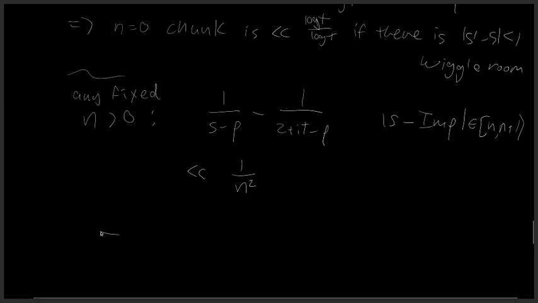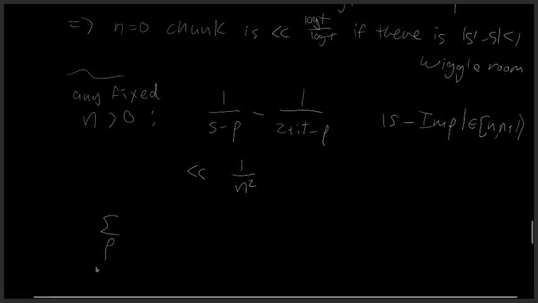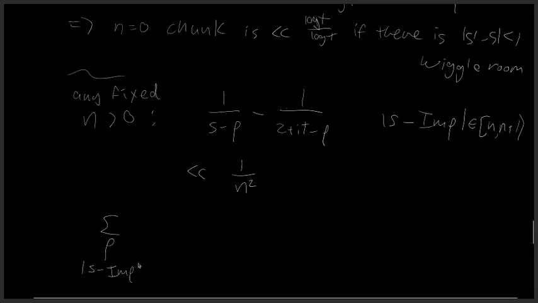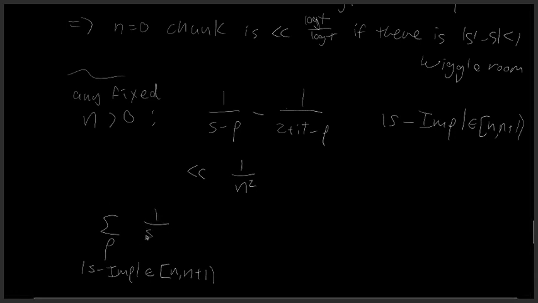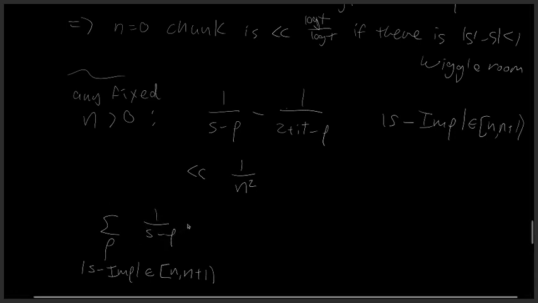So the sum over the rhos such that s minus the imaginary part of rho is in this interval between n and n plus 1, again for any fixed n strictly greater than 0, of 1 over s minus rho minus 1 over 2 plus it minus rho. And each individual term was 1 over n squared. There are about log t of these.